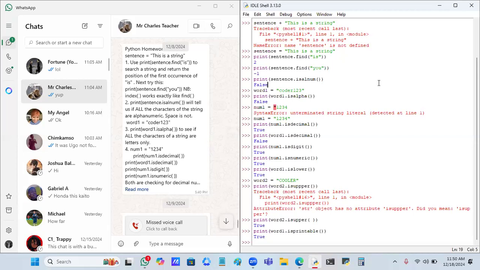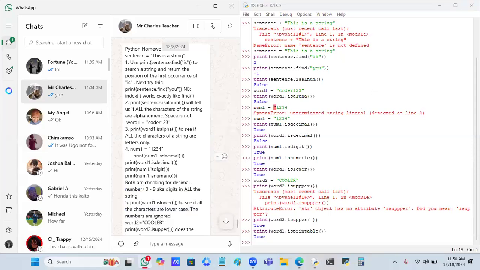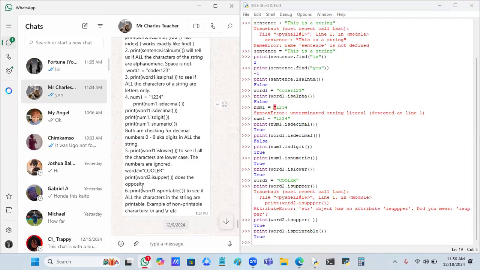That's it for the ones that are connected to numeric. So we can now go to the other ones. I think we've done those. Somehow we've looked at lower and upper. Which one? Is lower and is upper. Yes, is lower and is upper.